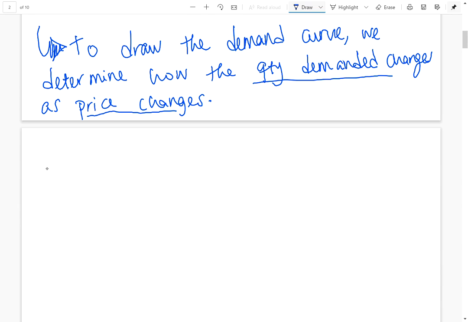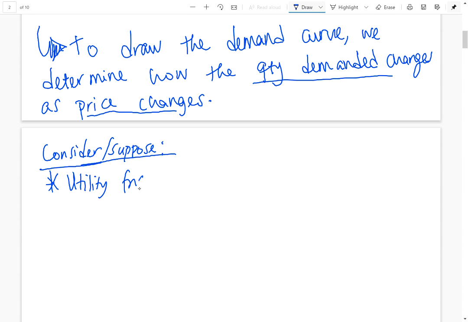In the previous video, with the utility function, so you consider, suppose, the utility function was Q of X to the power of 0.5, Q of Y to the power of 0.5.